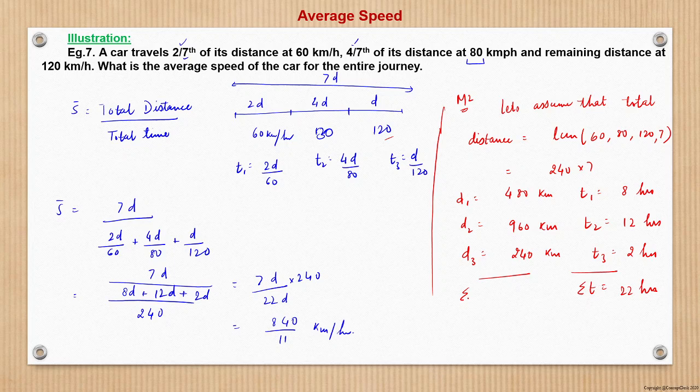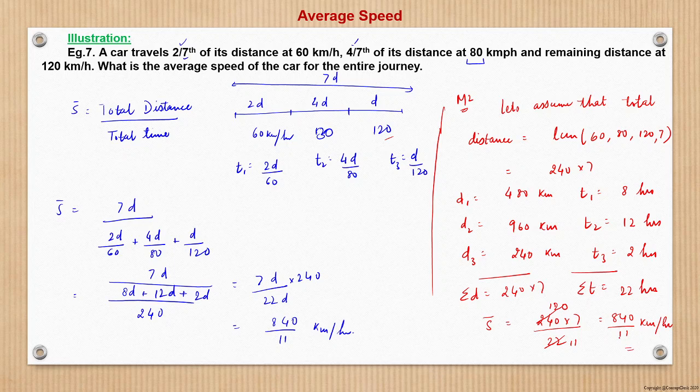And total distance anyway we know is 240 into 7. So average speed will be total distance upon total time, that is 240 into 7 upon 22. So here it is 840 upon 11 kilometer per hour.